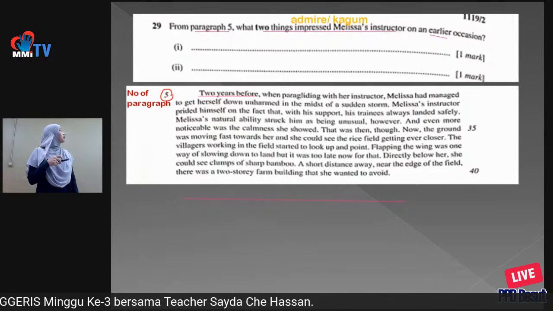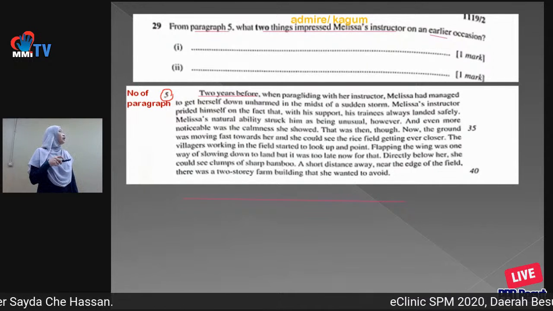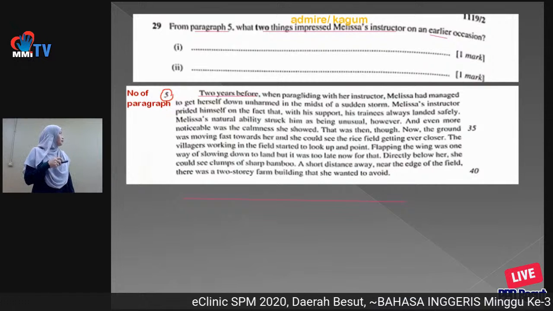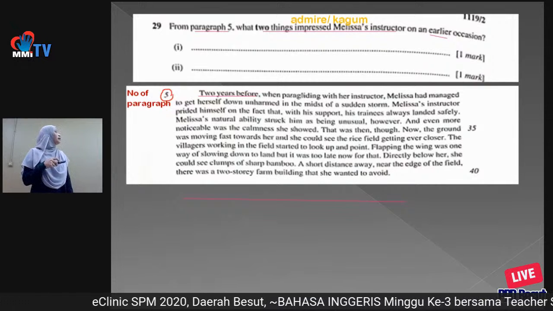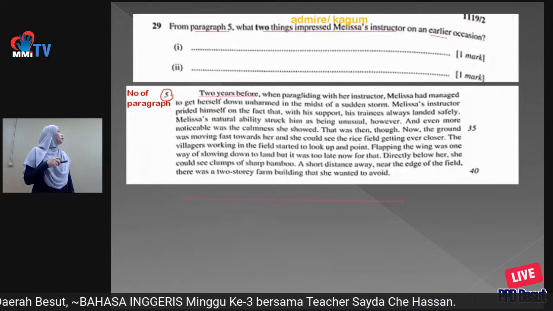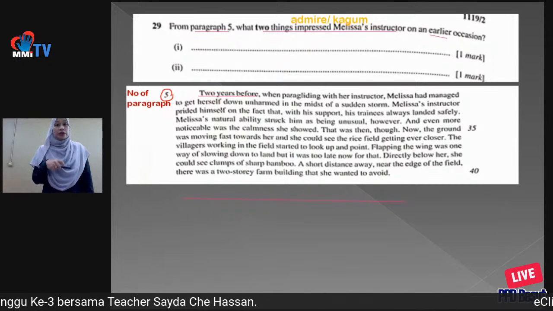Okay, banggalah dia punya instructor on the fact that with his support, okay, his trainees always landed safely. Okay. Melissa's natural ability struck him as being unusual, however, and even more noticeable was the calmness she showed.